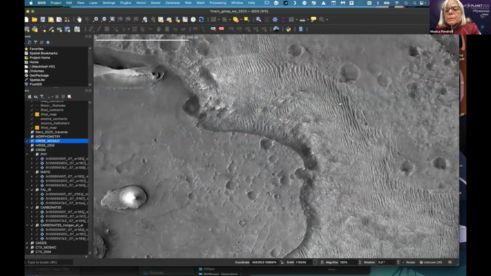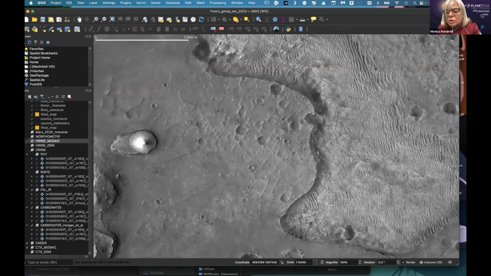For example, here you have aeolian bedforms, which are totally covering what's below. Here you can guess what is below. Somewhere else, they are just patches. So you can even create a sort of scale of the distribution of this unit.